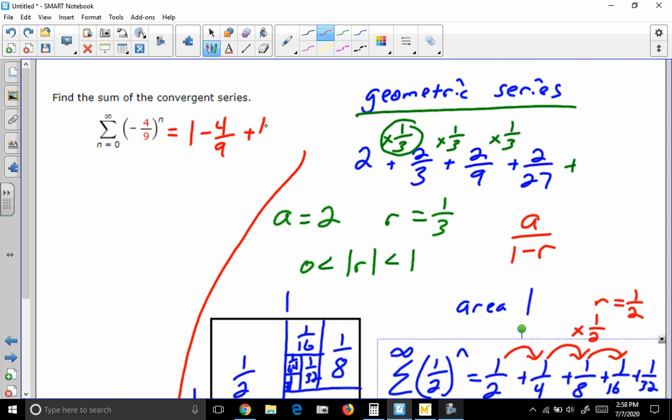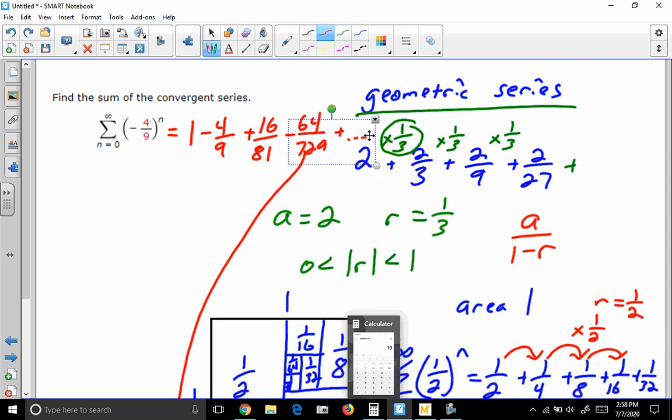Then we get 16 over 81. Then we get minus 64 over, what's 81 times 9? That's 729. And so forth. So to get from one term to the next, we're multiplying by negative 4 over 9 each time.